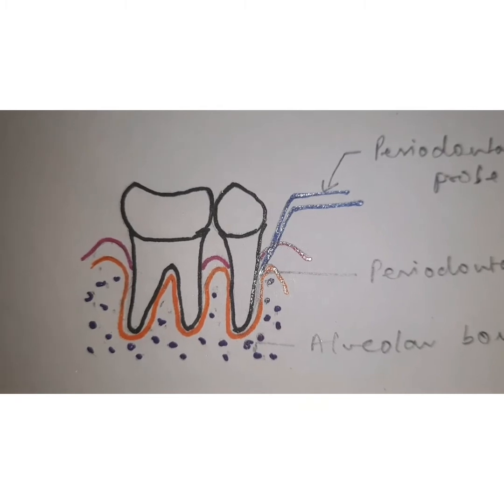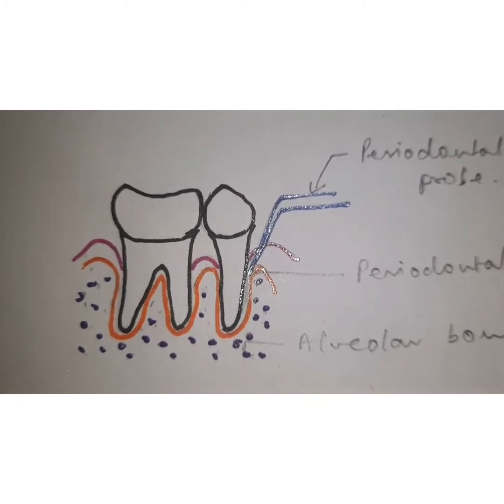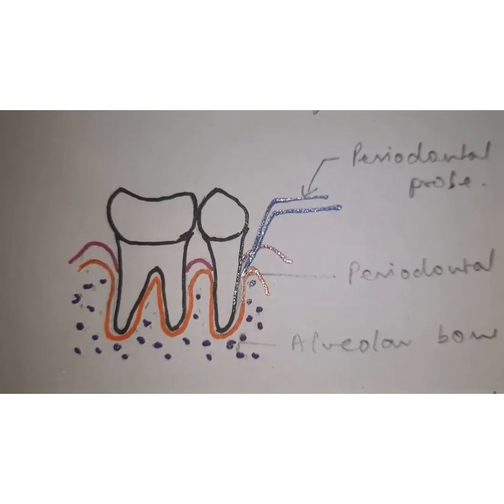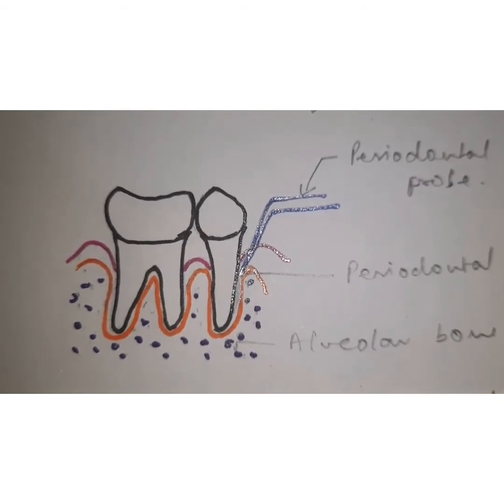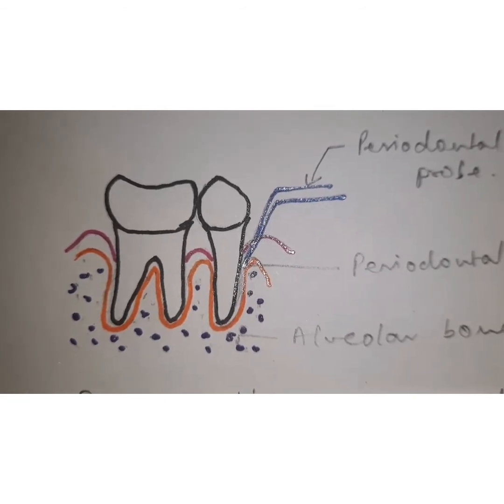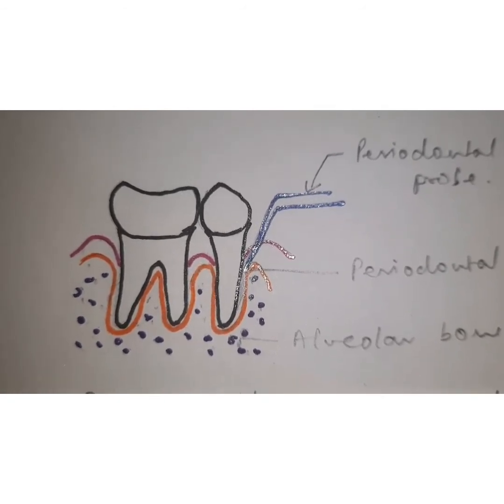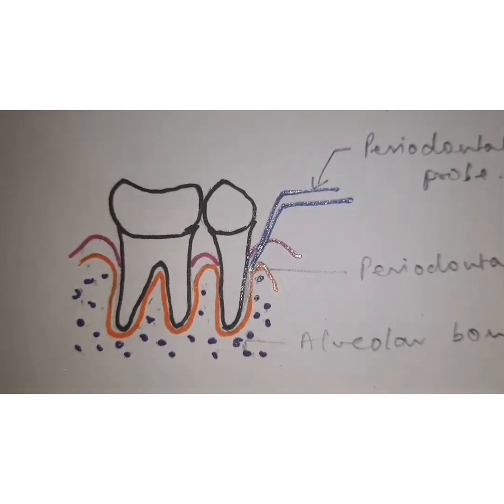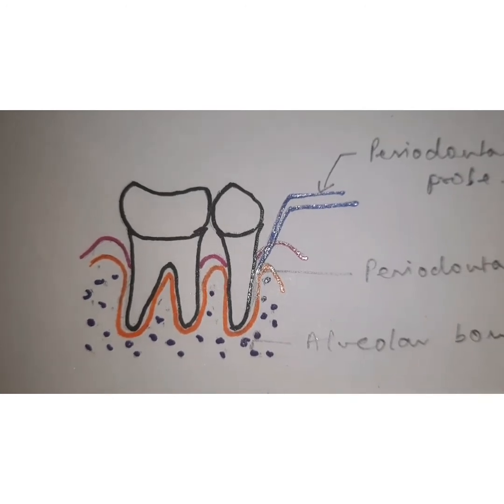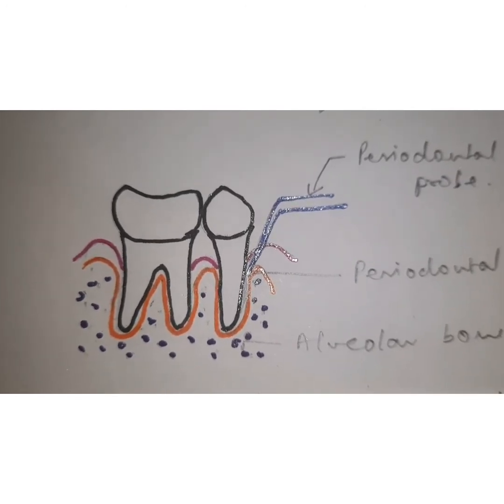Now, periodontal factors, when we are checking, we need to see how much is the bone loss and how much is the attachment loss, or we look for signs of gingival inflammation and occlusal factors. So all these are factors which are very important when we are assessing the periodontal status of the teeth.